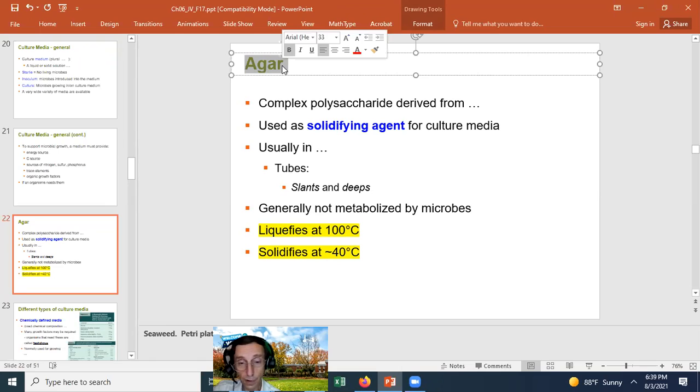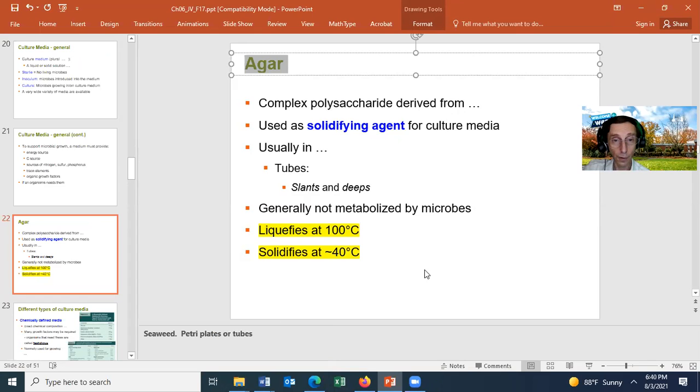We could use starch or gelatin, but some microorganisms can digest those. So we typically use agar. Agar is usually used in a petri dish or in a test tube.